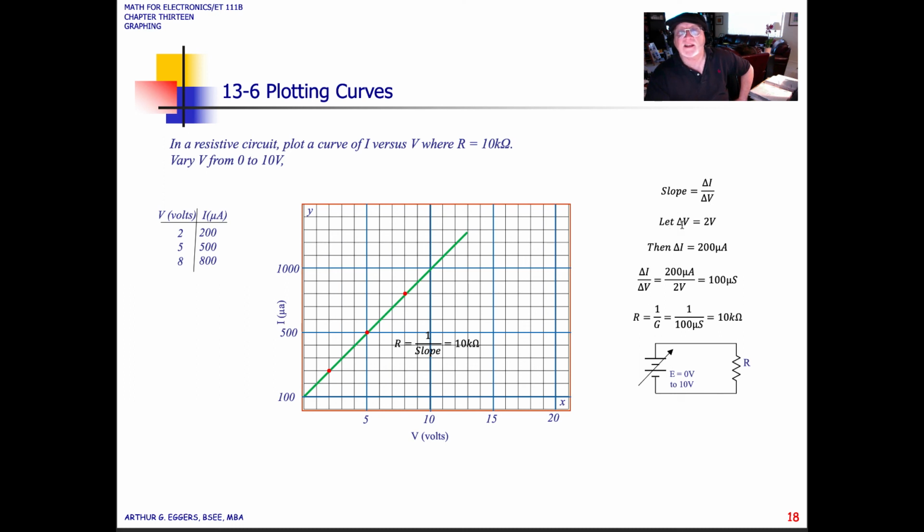So if we said, let's choose a value of 2 volts as our change in voltage, our corresponding current would be 200 microamps as plotted on the graph here. So we set up our slope relationship. We end up with 200 microamps by 2 volts, and we get a value of 100 microsiemens. If we invert that, we end up with an inverse slope, which is 1 over G, or 1 over 100 microsiemens, and we get a resistance of 10k ohms.